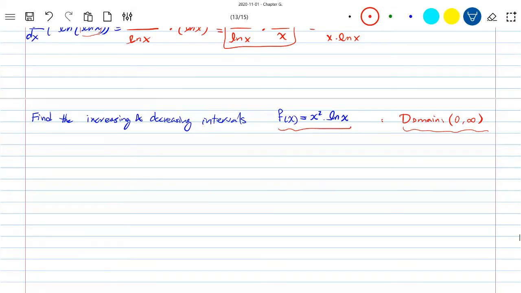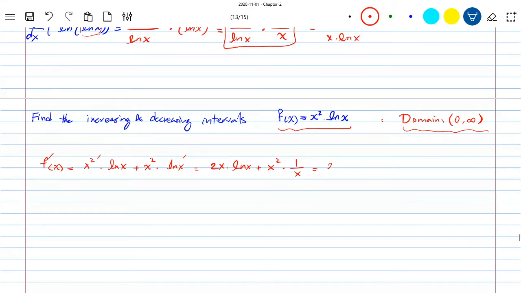So if you want to find the increasing and decreasing intervals, find out what is f prime x. Find the critical numbers. So what would be the f prime? This is the product of two functions. So you say the x squared derivative times ln x plus x squared times the ln x derivative. And what we get is 2x times ln x plus x squared times the derivative of ln, 1 over x.